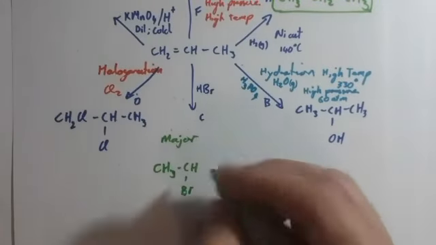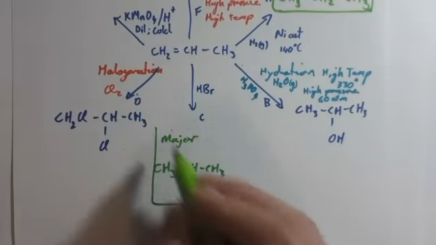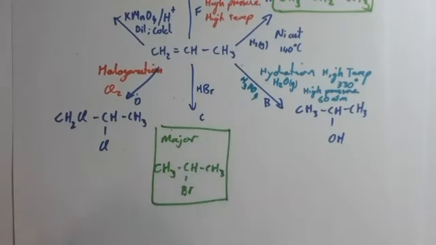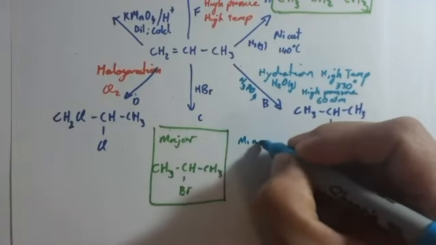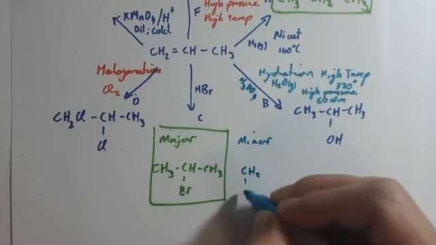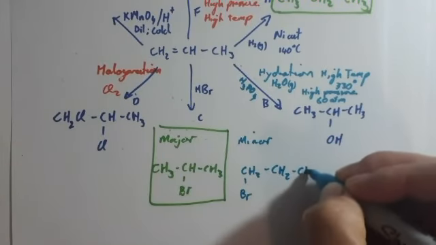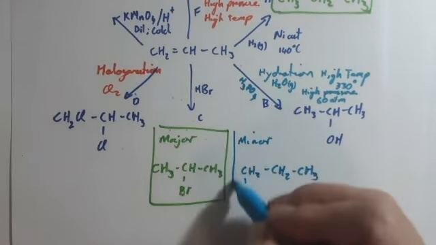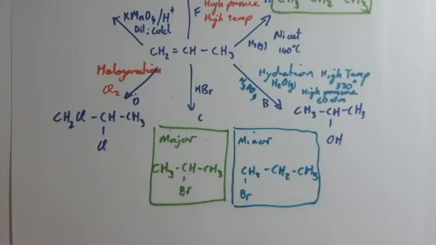So major and minor and CH3. But this would be my major product in there, and my minor product that will also form will be a CH2 with a bromine on CH2CH3. That's my minor. It's two products possible in this reaction.